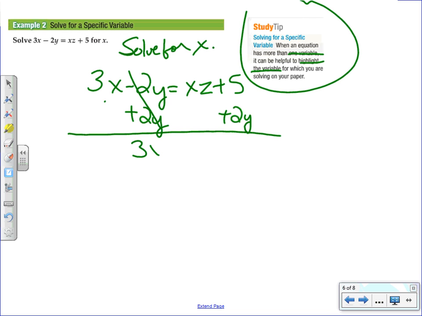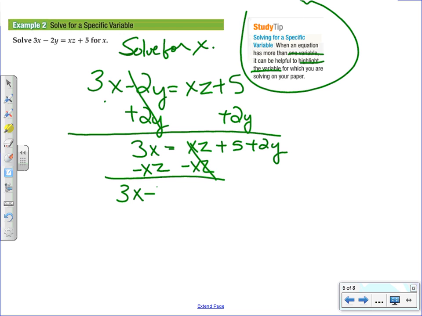And we get 3x equals xz plus 5 plus 2y. All right, now let's subtract our xz and get it over so we have all our x's at least on one side. And then we have 3x minus xz equals 5 plus 2y.